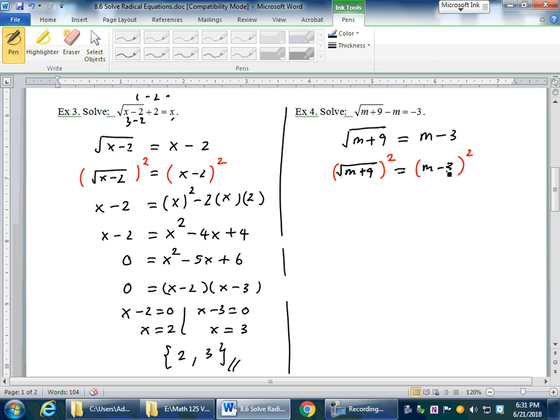On the left hand side, square and square root cancel out, so it will become m plus 9 equal to, on the right hand side, I'm going to use the shortcut formula, which is first square minus 2 times first times last plus last square, which is m squared minus 2 times m times 3 and 3 squared. That gives me m plus 9 is equal to m squared minus 6m plus 9.